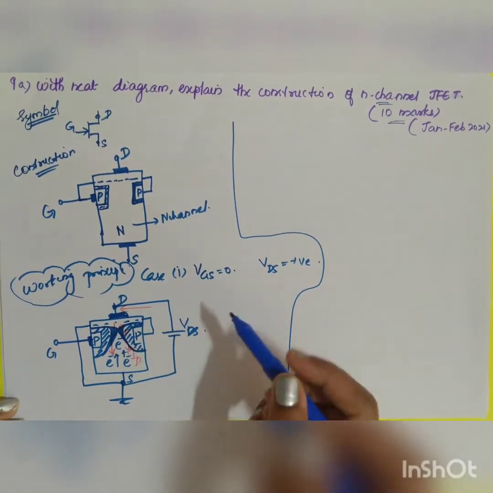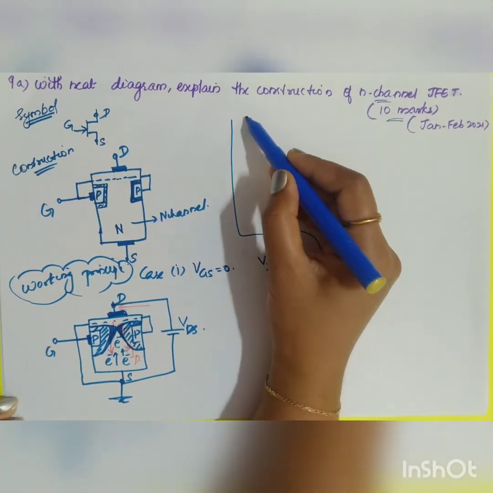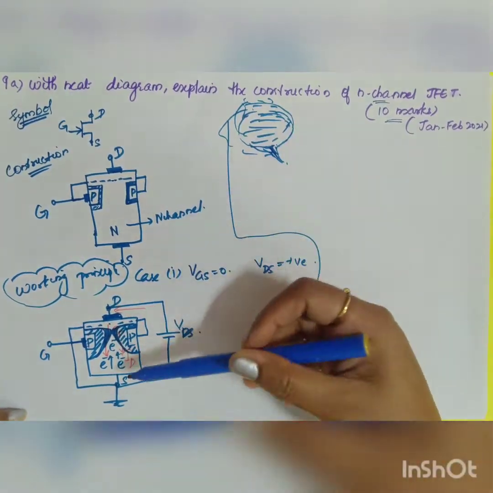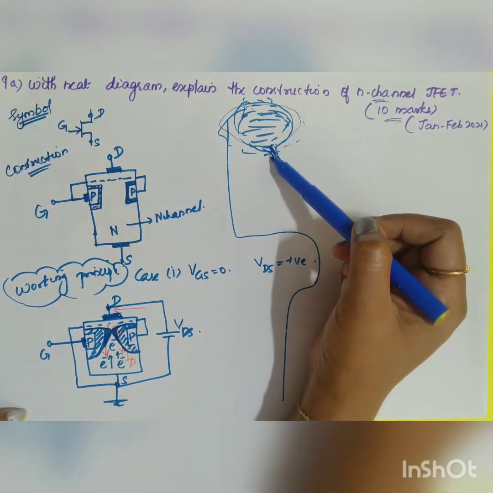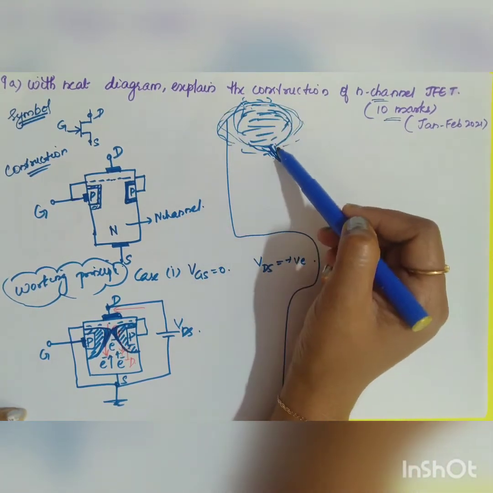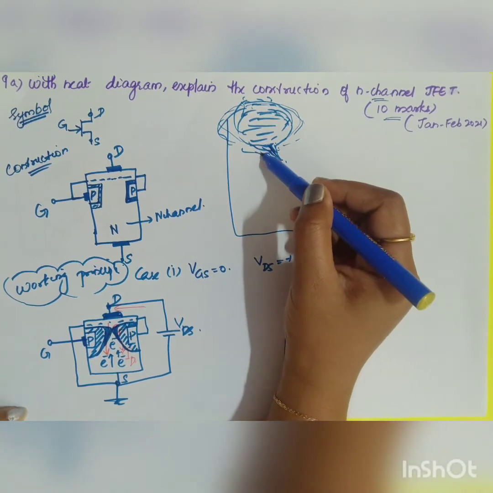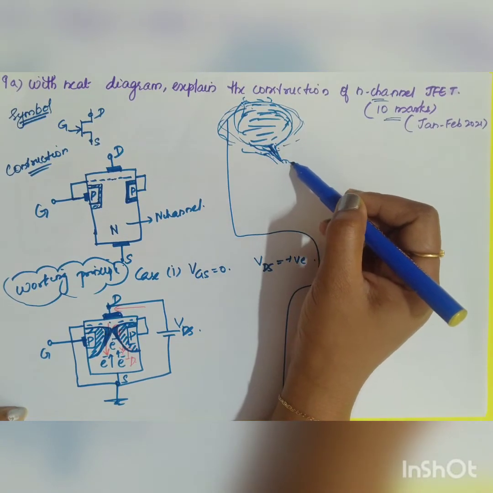It looks like a big river, or a water tank where the water is flowing at high speed, but the pathway is getting narrower and narrower.